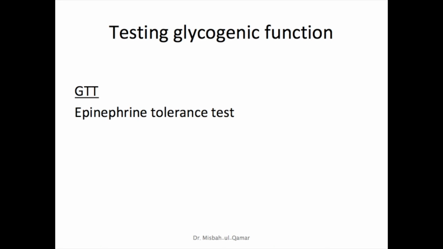The second thing is the epinephrine tolerance test. It is the response of liver glycogen to adrenaline for the assessment of metabolic functions of liver. Epinephrine markedly stimulates glycogen breakdown to glucose in liver, which results in an increase in blood glucose levels.